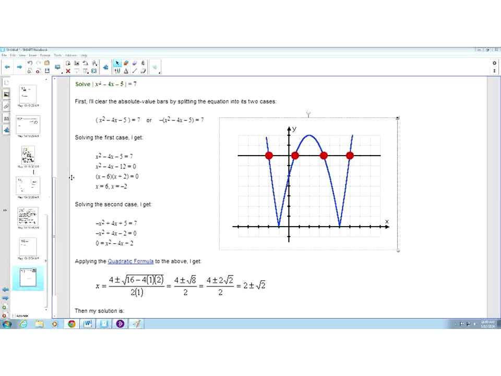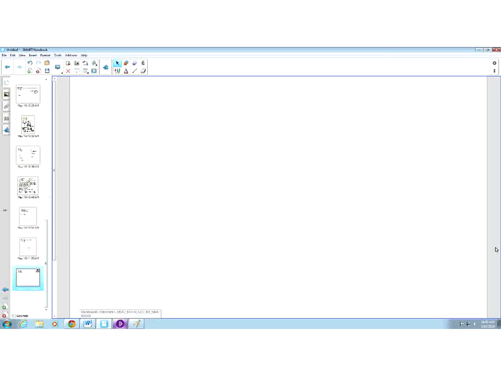Okay, how about solving equations with two absolute values? Let's see if I can, probably need a new page, right? Okay. See if I can get this. Let's see.